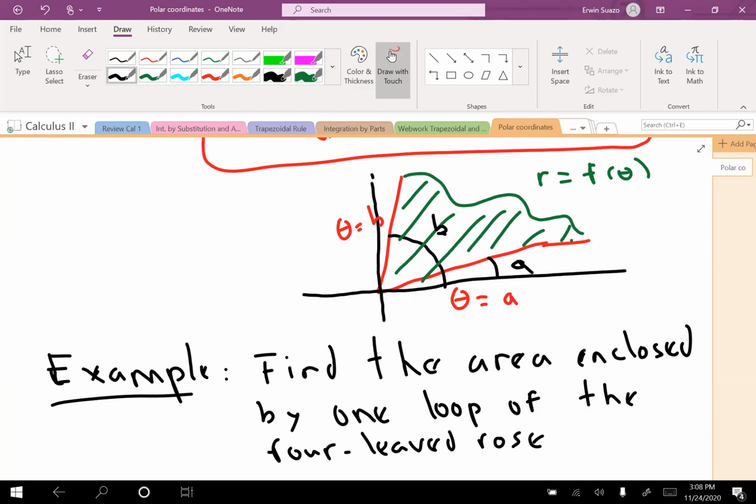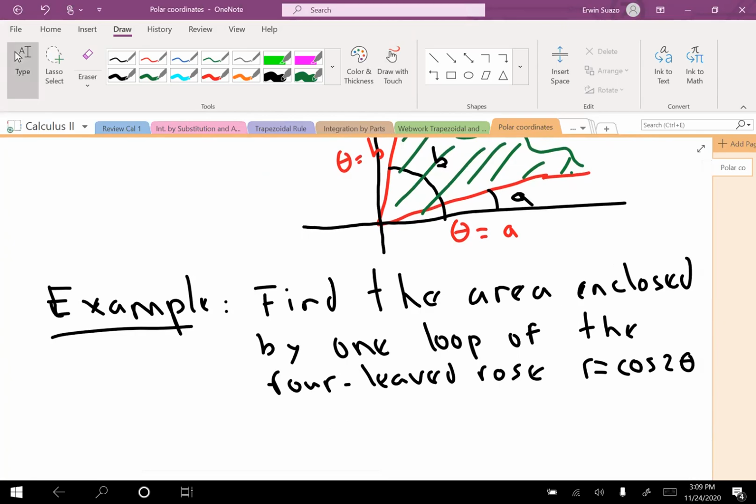This is R equals cosine of 2 theta. That's the one that we just graphed, okay? And then it's for theta between minus pi fourths and pi fourths.